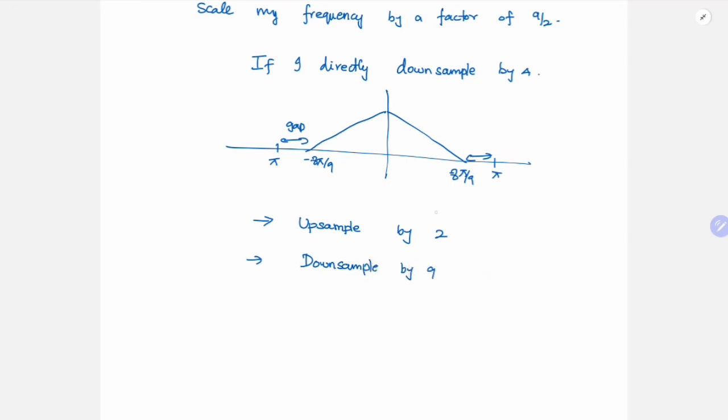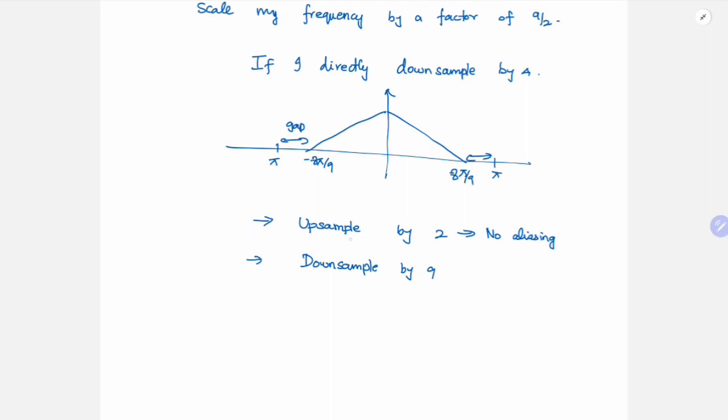So if you see, always when you upsample, there is no possibility of aliasing. No aliasing here. Why? Because you are actually taking the frequency from whatever it is there, and it is like you're increasing your sampling frequency, because the frequency scaling is actually shrinking in the frequency domain, right?